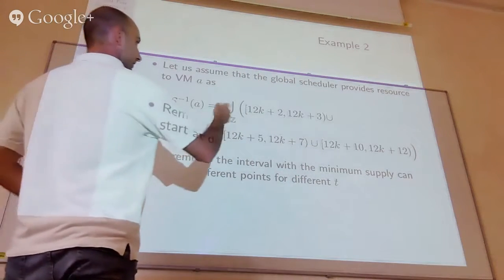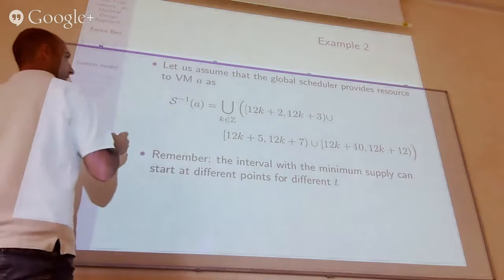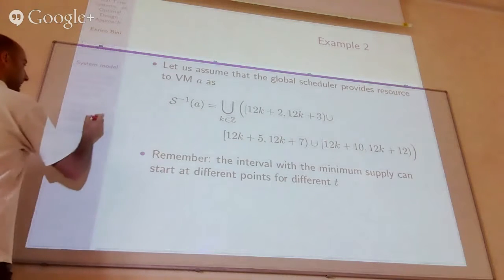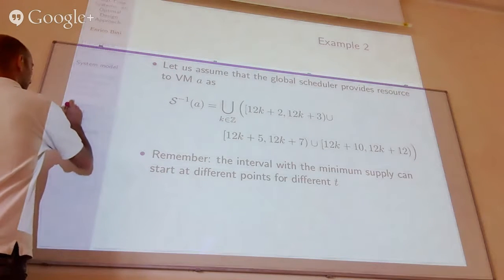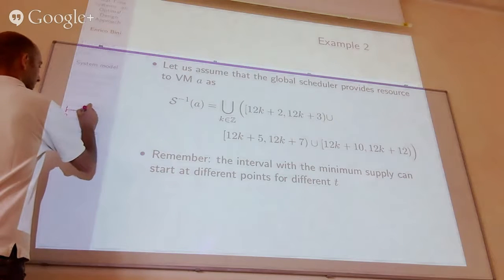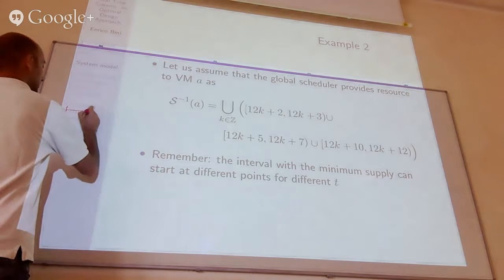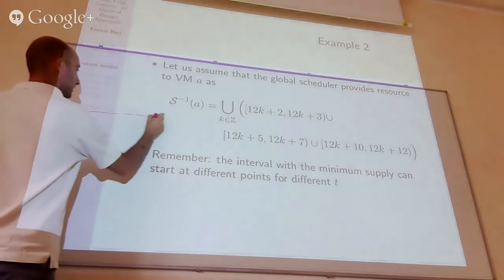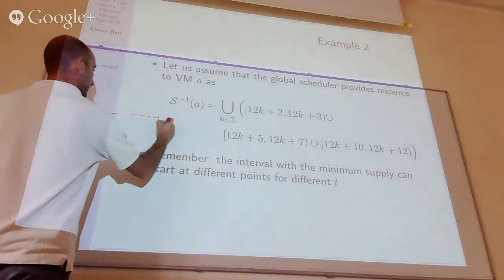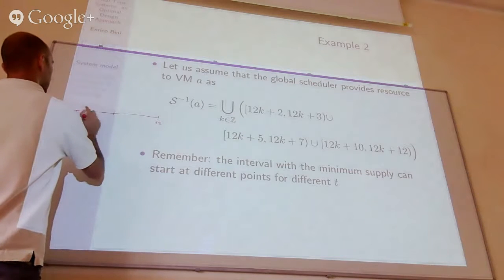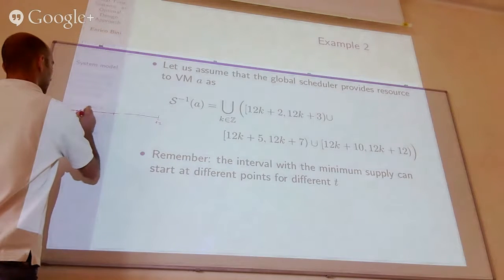But then the resource is allocated only at this interval. So I'm drawing it here. From 0, there is no resource until 2. So okay, period of 12. Let's draw 12 here. So here we have 6, now we have 3, here we have 2.